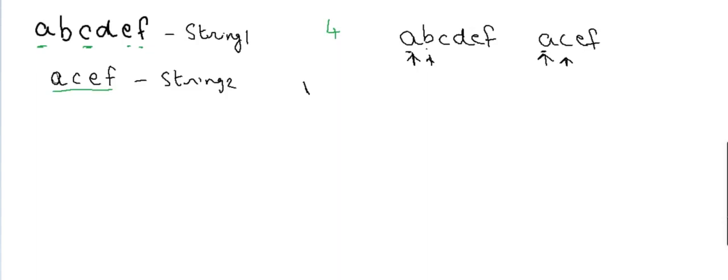Okay. So now since the characters are not matching, we have two options here. I can either ignore this B and move on to the next character. That is option number 1.